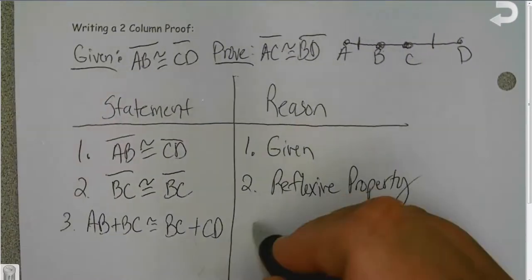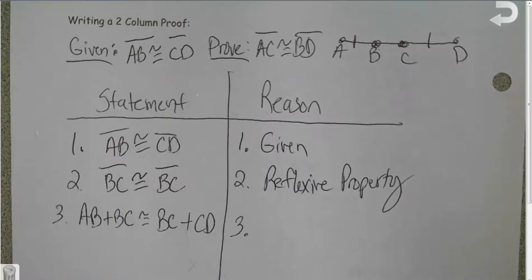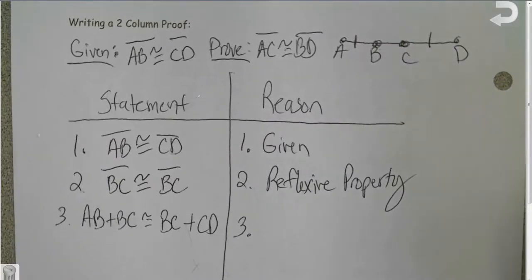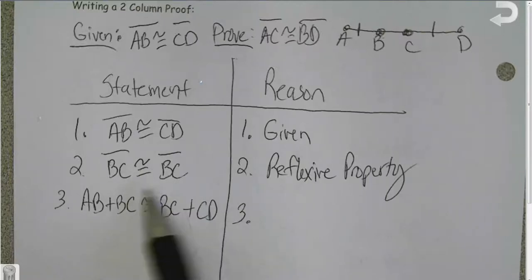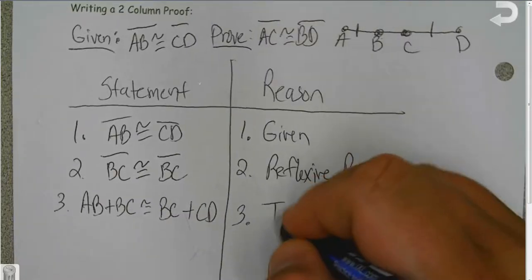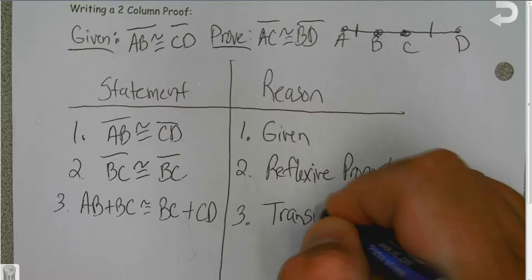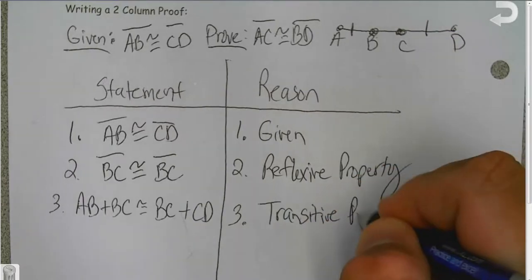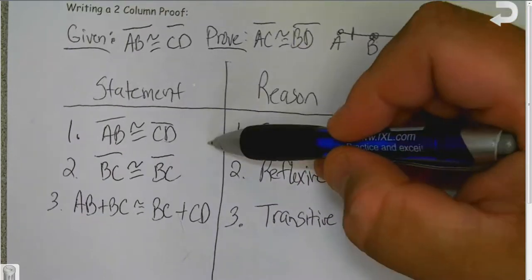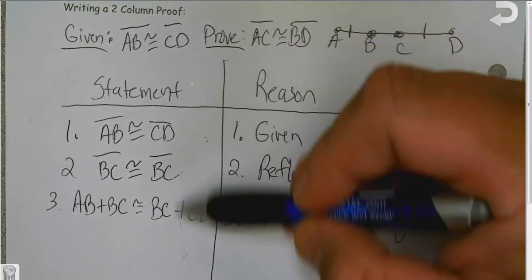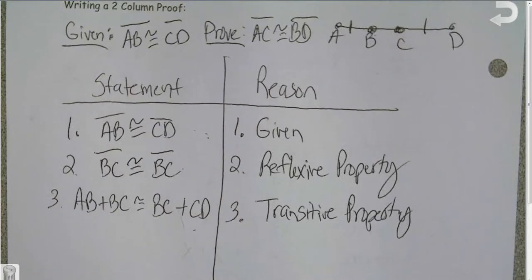Okay? And believe it or not, how many steps have we been through? It's our third step. This is the transitive property. Because it's basically saying if this is true and this is true, then this has to be true.